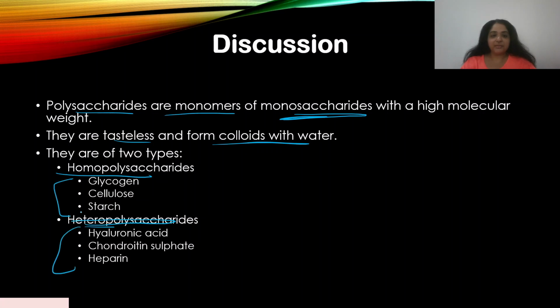I've given some examples here, so if you want, you can note them down. But just remember that the definition of polysaccharide is this. It's very important to remember, with a high molecular weight.